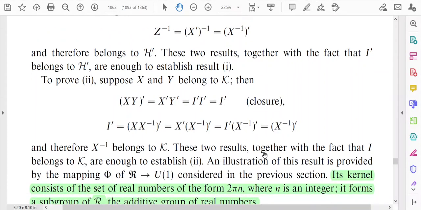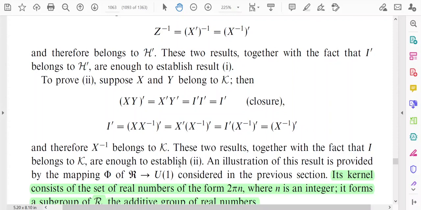And these two results, together with the fact that there is an identity element in the kernel, show that the elements of the kernel also form a subgroup. Actually, whether they form a group or not, we are just applying the conditions for the formation of a group to its elements.